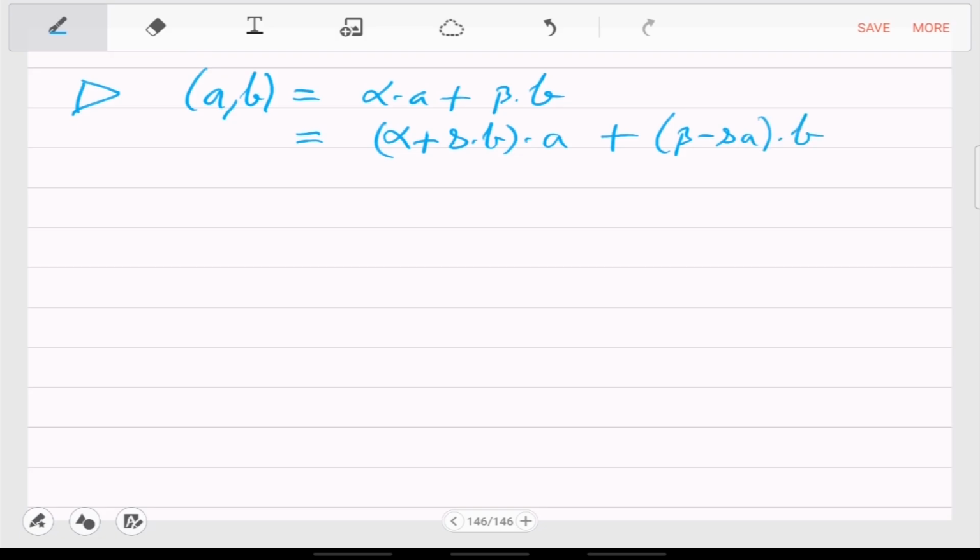Right, this is also an identity. So if alpha A plus beta B is your GCD, then you can perturb alpha by a multiple of B, and you can perturb beta by a multiple of A. And very easily you get another alpha prime, beta prime pair. So the Bezout identity is not unique. There are infinitely many possibilities.